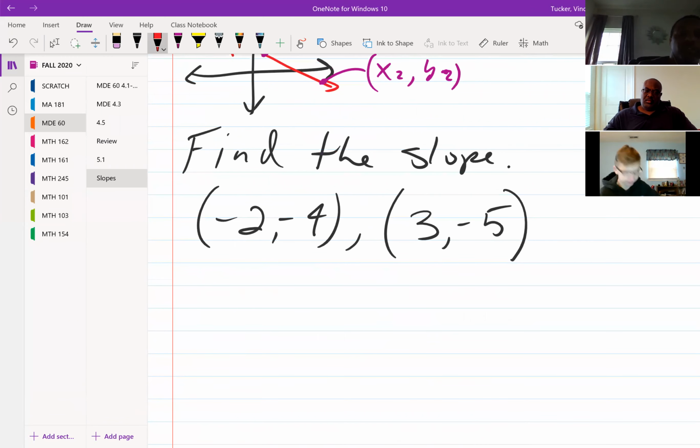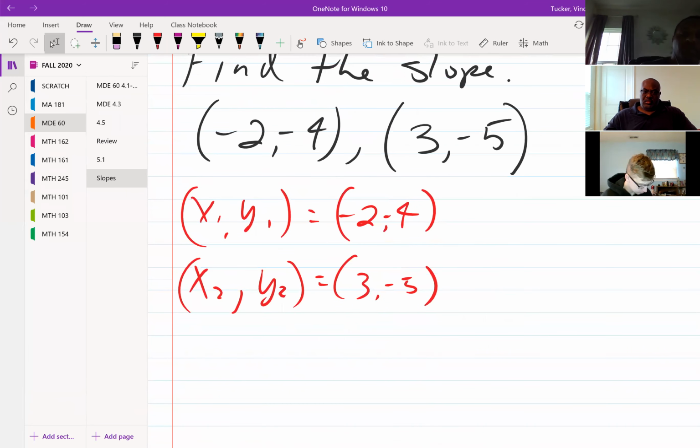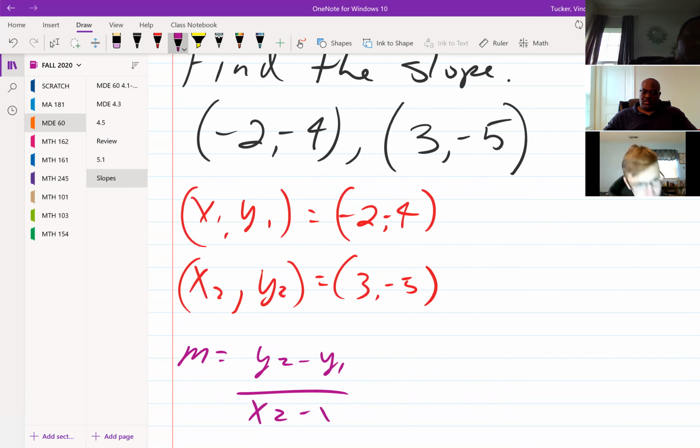So I'm going to label which one is my point 1 and which one is point 2. So we'll do it the first way first.